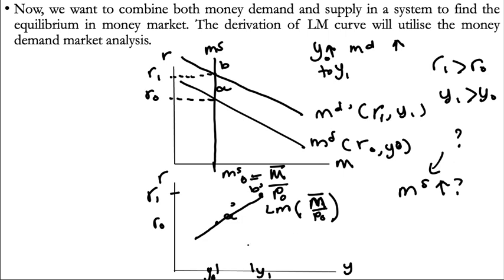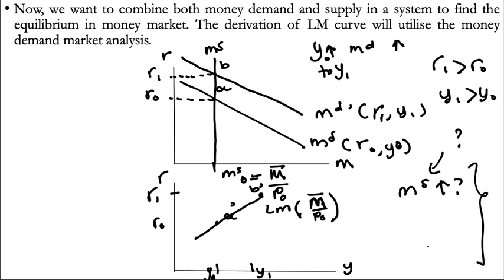If we talk about the shift in LM, can we say that it is because of the change in R or the change in Y? Can you figure out all of this? Because this is the main basic of LM that you must understand and you already learned in the first degree.